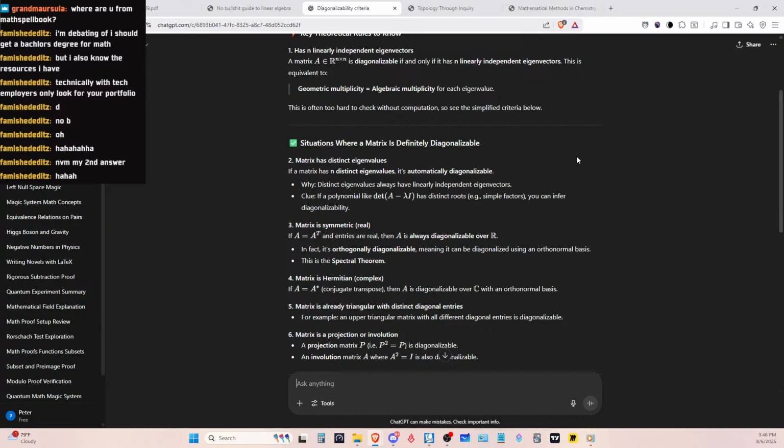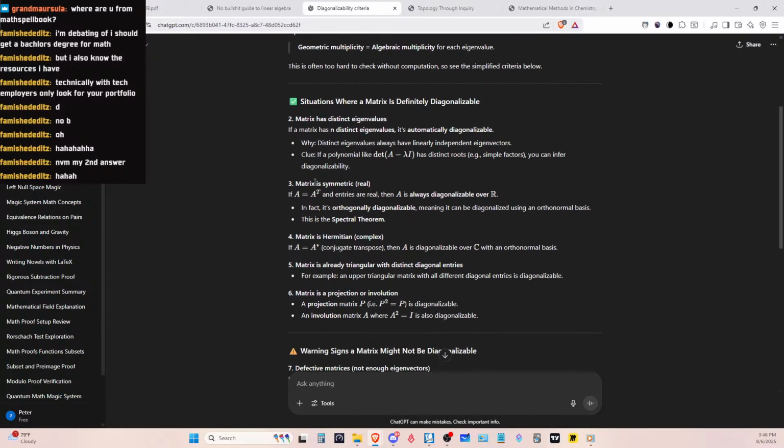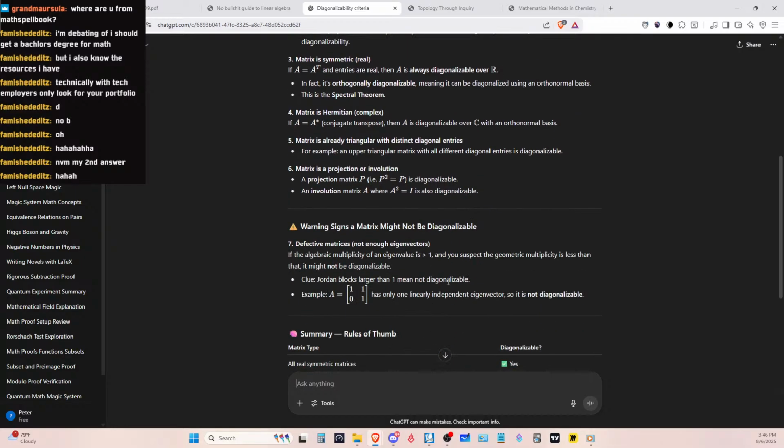Let's see, situations where a matrix is definitely diagonalizable. Matrix is symmetric. Oh, that's a new one. Hermitian complex. Okay. Okay, here we go.